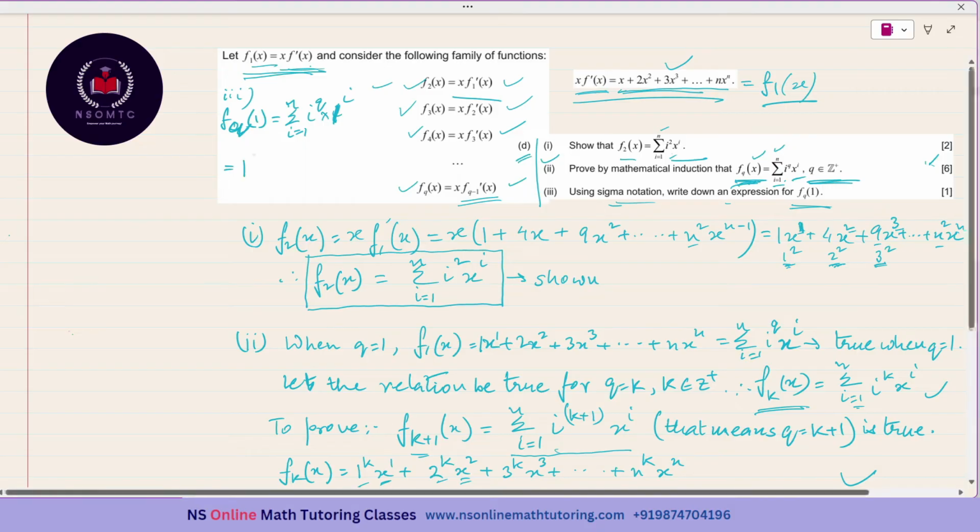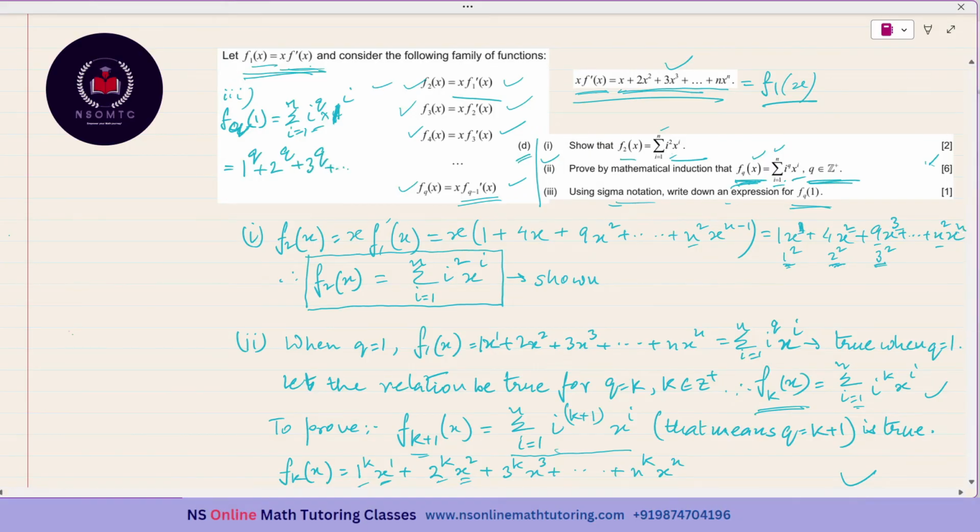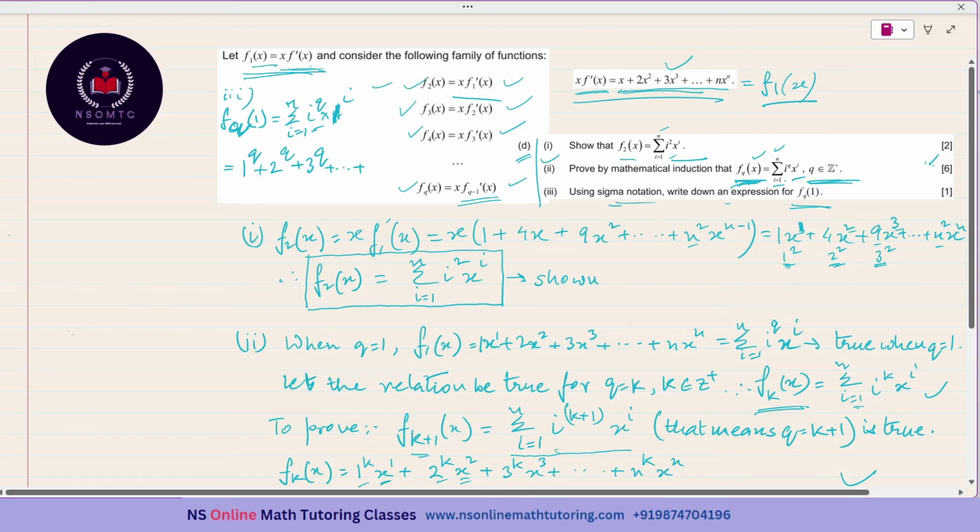Therefore, it will be 1 to the power of q because 1 raised to the power of anything is 1. So, we are having just this part: 1 to the power of q plus 2 to the power of q plus 3 to the power of q plus dot dot dot plus n to the power of q. So, this is the answer.